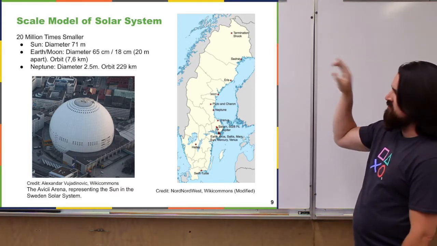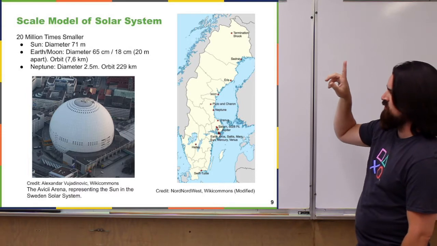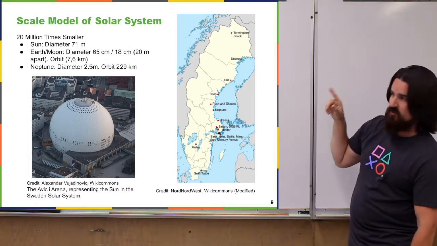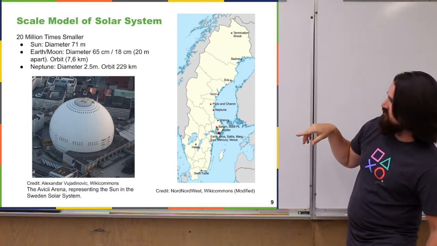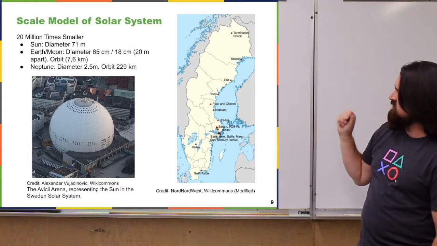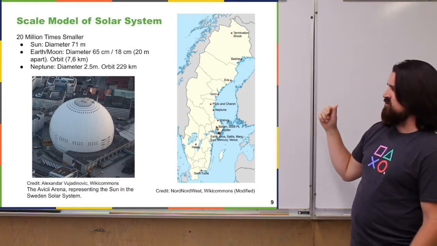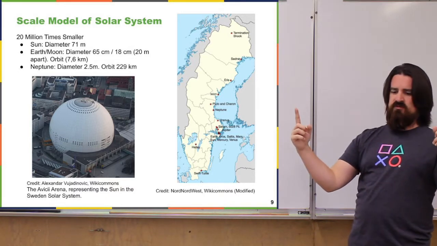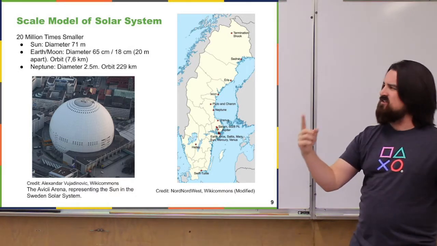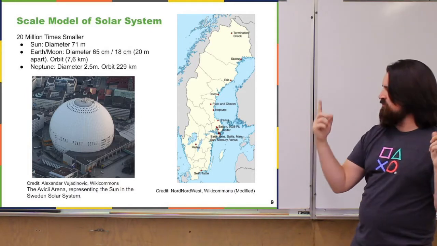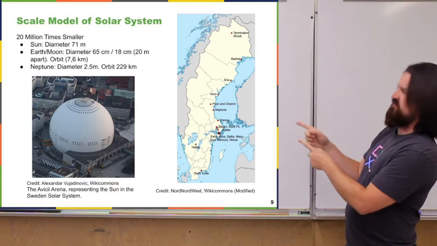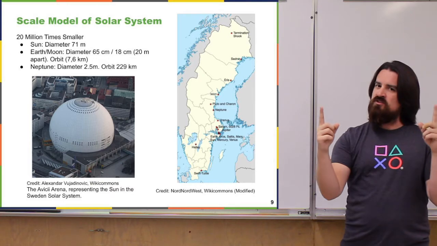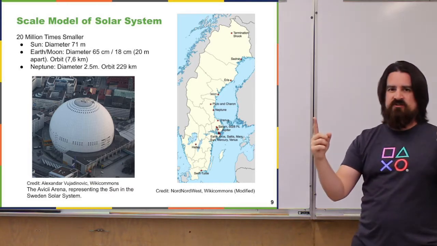But to be a little bit more specific, the Earth sits a little over 7.5 kilometers away from the sun in this scale model, and it is 65 centimeters across. So 65 centimeters, like yay big, maybe a little bit bigger, and something like 5 miles away. So if you make a scale model of the solar system, the sun is that big, the Earth is only this big, and it's like 5 miles away.